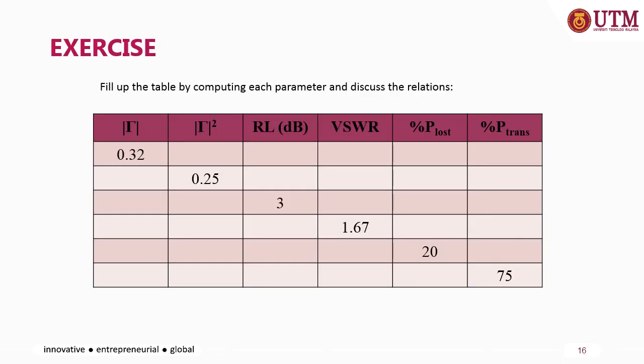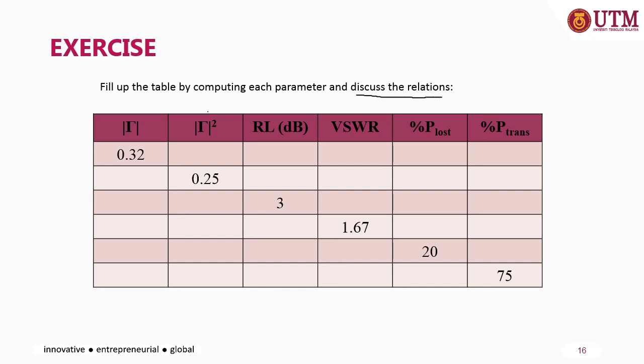Okay, finally, before we end the topic, please spend a few minutes to fill up the table by calculating each parameter in the empty columns or rows. Then you need to discuss the relation.